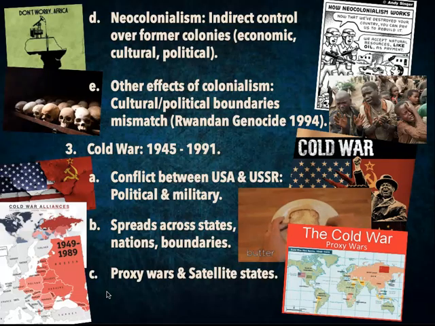Some people refer to the term puppet states. I've got satellite states in here for you because these are countries that, on the surface, look like they have their own country, their own flag, they have a government, but they are highly controlled by the country that has influence over them. In this case, the Soviet Union.